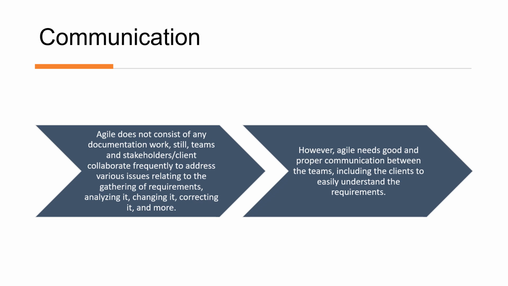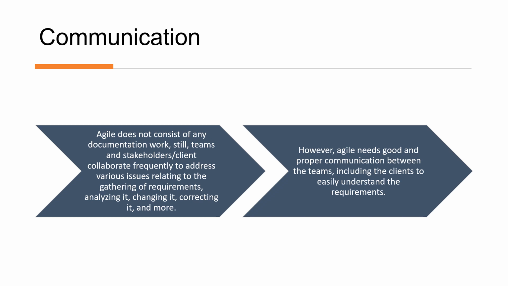Communication. Agile does not consist of any documentation work. Still, teams, stakeholders and clients collaborate frequently to address various issues relating to gathering requirements, analyzing them, changing them, correcting them, and more.